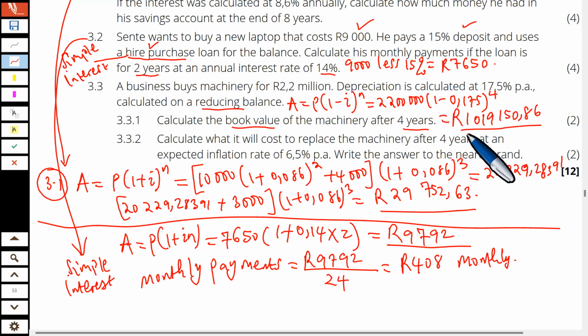This is exactly the amount of money that the machinery will be worth in 4 years. In 4 years, it would have undergone depreciation.